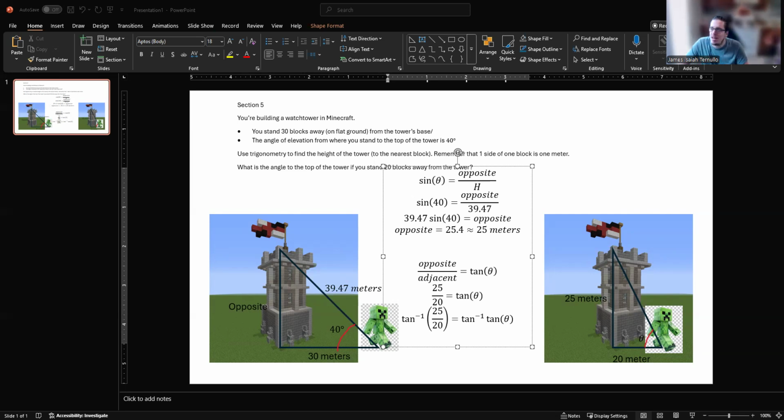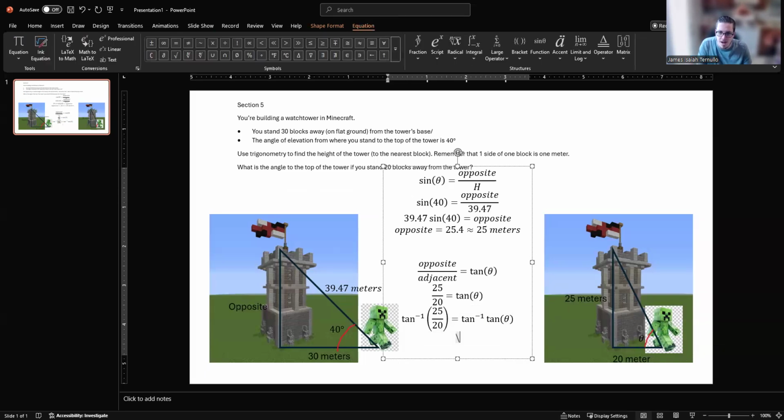So give me just a second to make sure. Okay, so if you do this operation properly, your angle should come out to be 51.34 degrees.